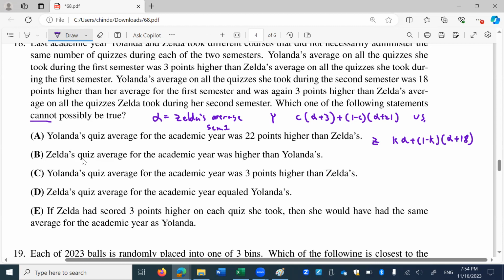And then it's going to be alpha minus 18C, plus 3C minus 21C. Whereas Zelda's overall average is going to be alpha minus 18K.